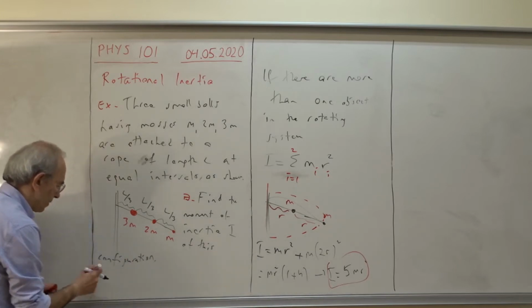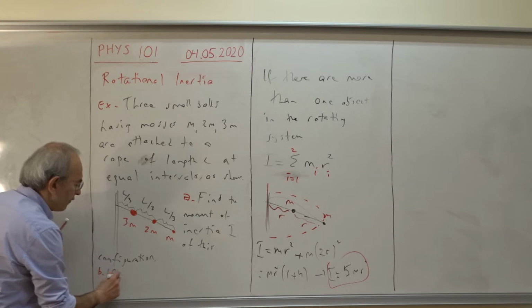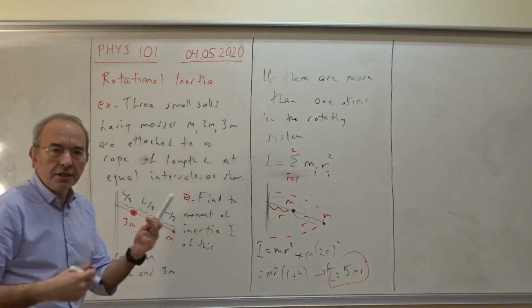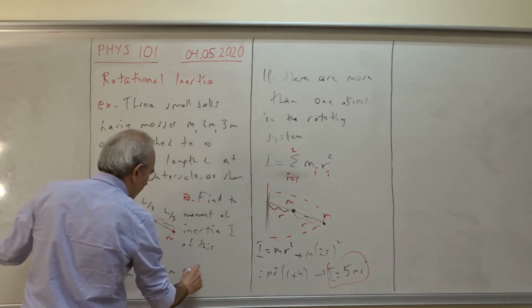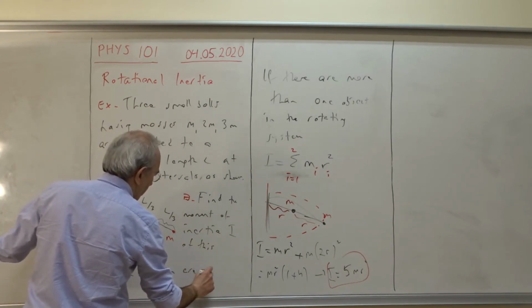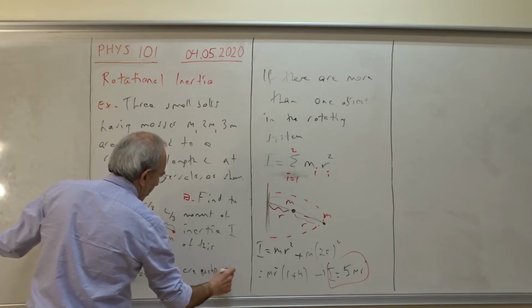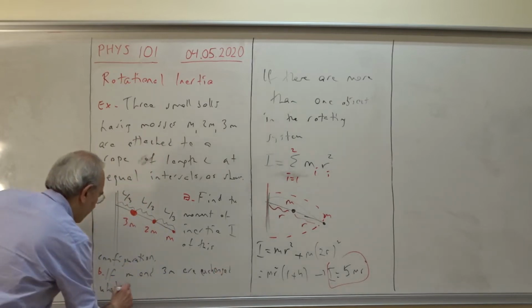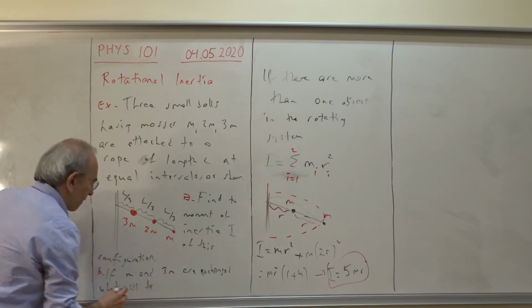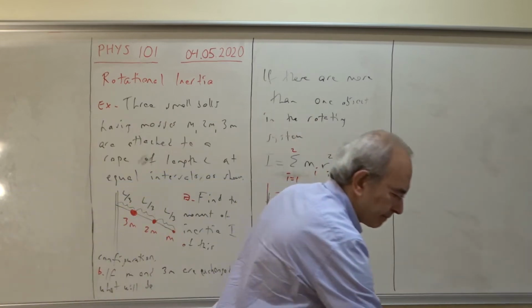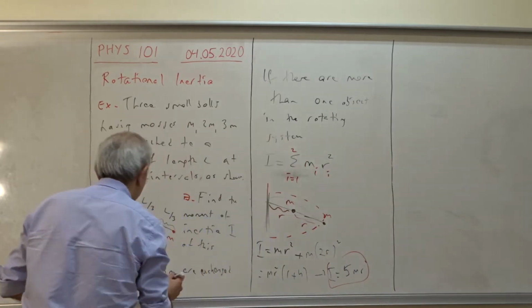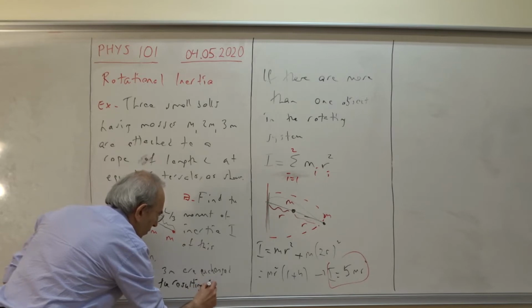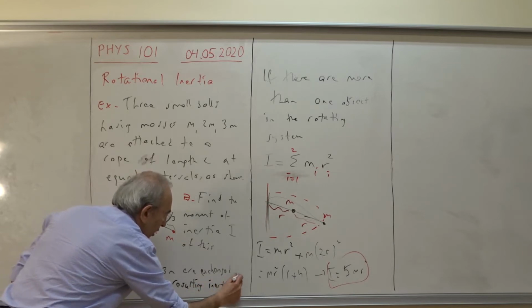B, if m and 3m are exchanged, what will be the resulting moment of inertia I prime?